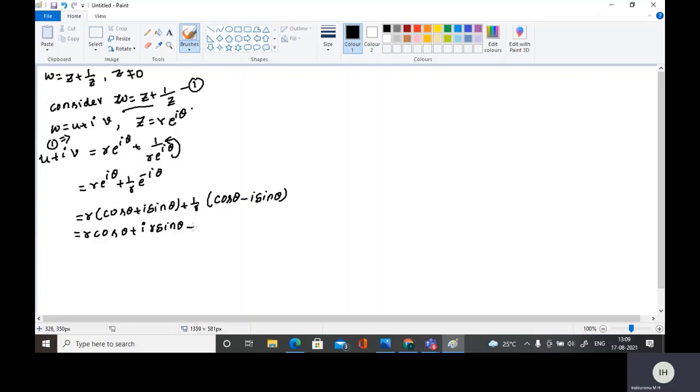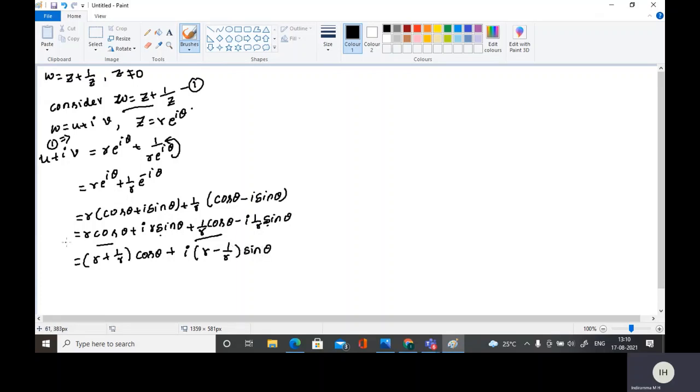Multiply by 1 by r the other terms: 1 by r cos theta minus i into 1 by r sin theta. Now from the first and third terms, take cos theta common: r plus 1 by r, cos theta, plus from the second and fourth terms, take i sin theta common: r minus 1 by r, sin theta.